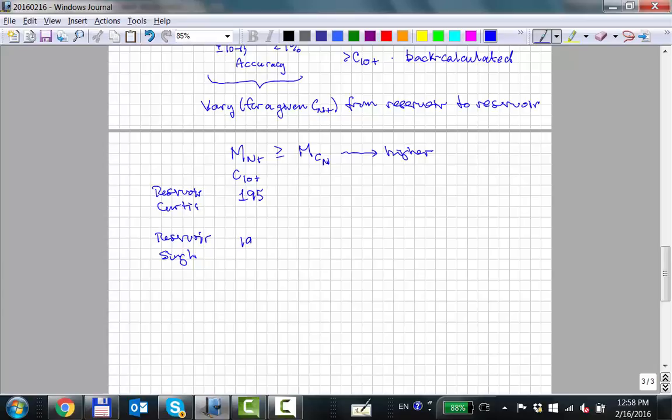This might be 195 too. But the specific gravity here could be 0.846, and the specific gravity here, being an Indian field, could be 0.792. Much lighter, more paraffinic.